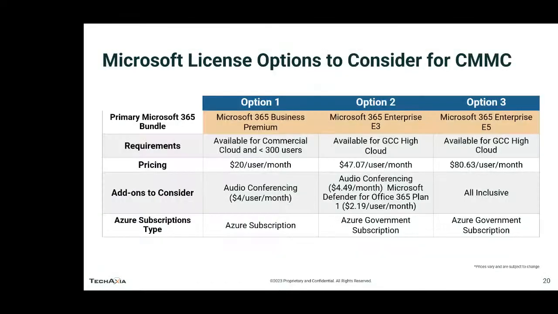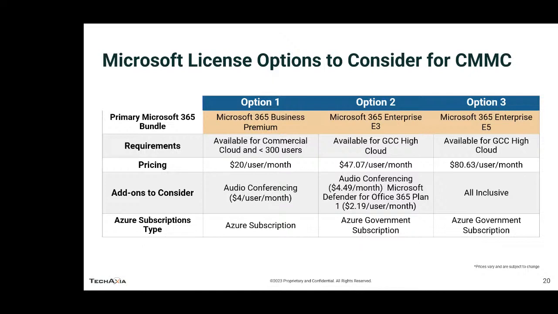Another popular question that we receive from our customers and other DIB companies is, hey, what Microsoft licenses should I use to meet CMMC compliance? Here are typical Microsoft license combinations to consider, but please note that the prices shown here are subject to change. Different partners have different costs for this, and these have changed over the years.